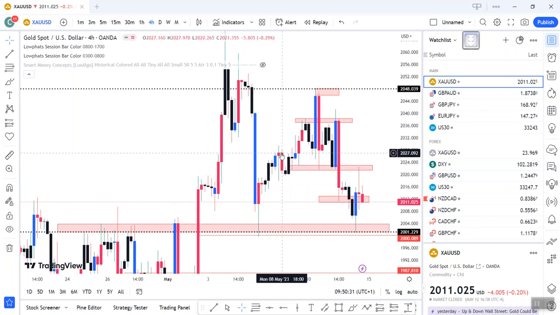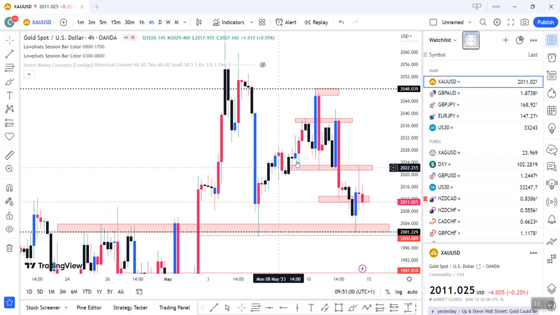Then the US session started here and closed here. Asia started here and closed here. Then London here, close here, US. So the red, the black, the blue signify Asia, London, US. Asia, London, US.